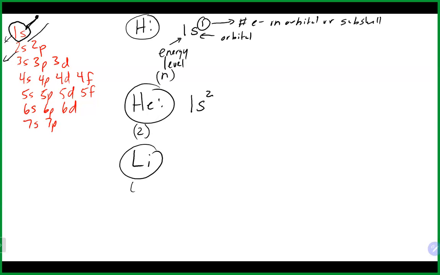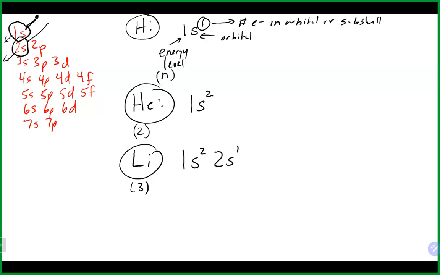Lithium is the third, 3 electrons. Again, we start at the top, which means 1s2. Now we zigzag back. The next place we're going is 2s. And how many electrons do I need to finish it there? Just 1 more in there. If I count the top numbers, I got 2 and 1, which is 3. That is the total number of electrons that I should have.